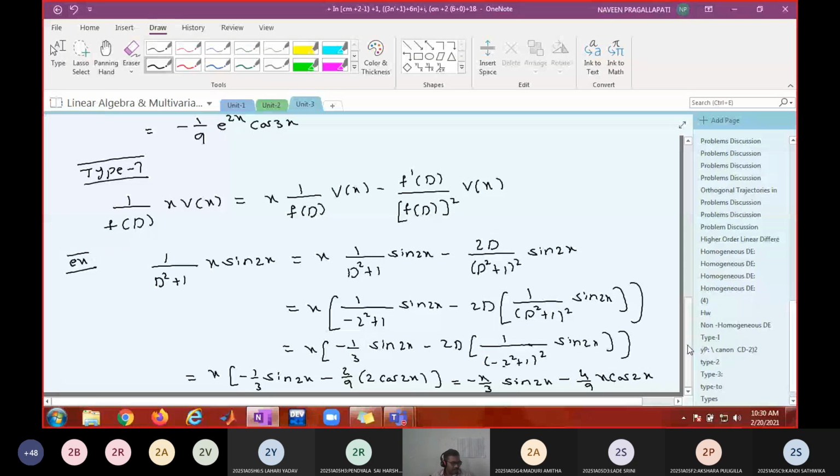Is that okay? Yes, sir. So whenever your function is multiplied with x, apply type 7. Whenever your function is multiplied with e power x, apply type 6.